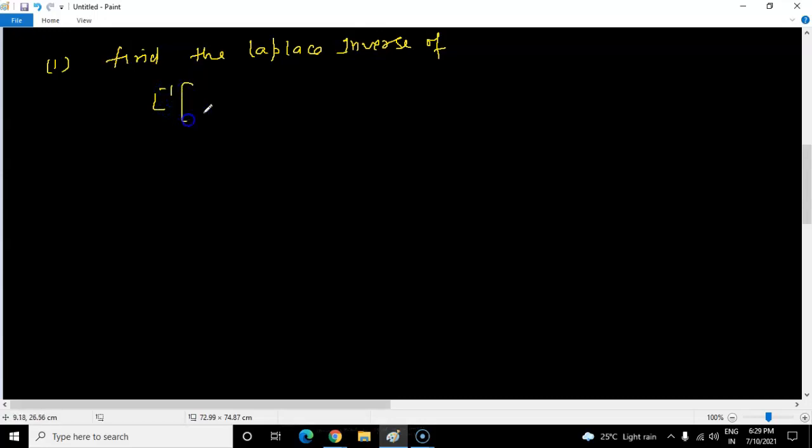Now we'll see the questions. Some basic type of questions, like consider that we are going to find the Laplace inverse of 1 upon s minus 2 plus 1 by s square plus 4 plus something, given like this.